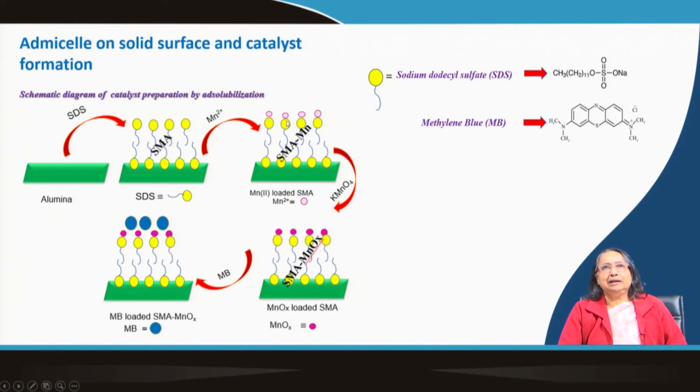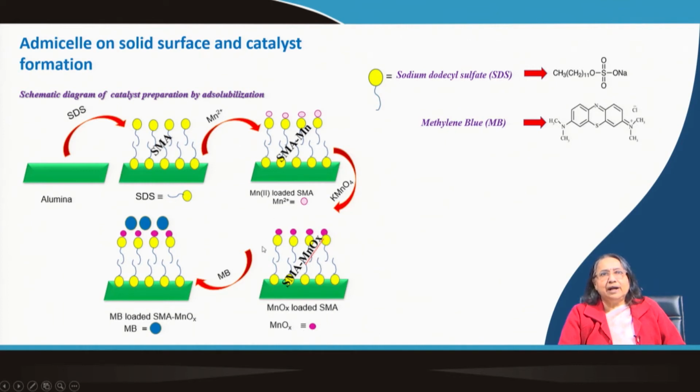Now, if you put KMnO4, it is a redox type reaction between Mn 2 plus and Mn 7 plus. So, 2 plus will go to 4 plus and 7 plus will go to 4 plus. So here you see that Mn 2 plus is converted to MnO2, this red one is MnO2.